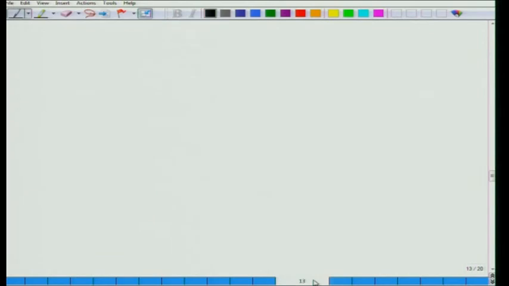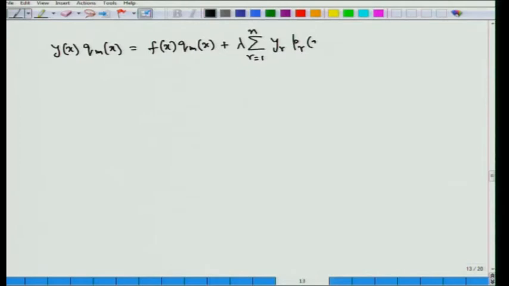Therefore, we can write y(x) q_m(x) = f(x) q_m(x) + lambda sigma r running from 1 to n y_r p_r(x) q_m(x).